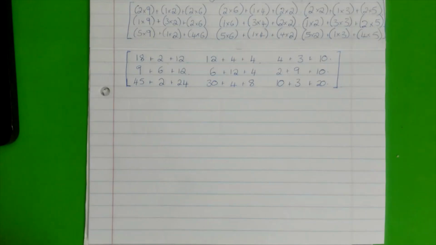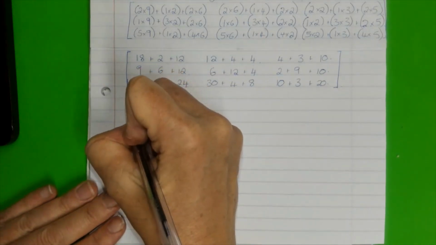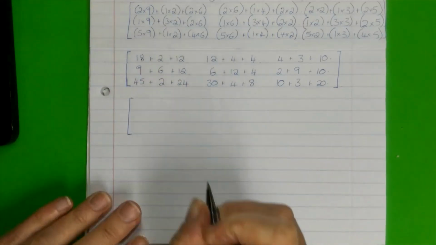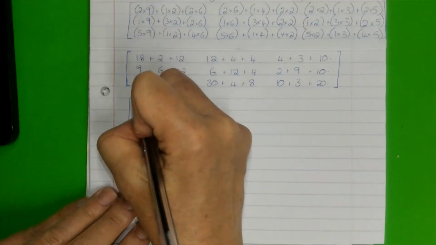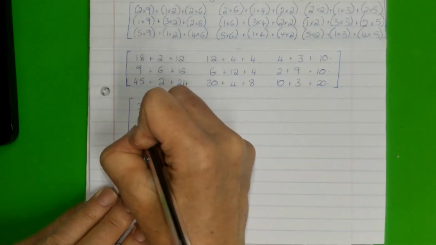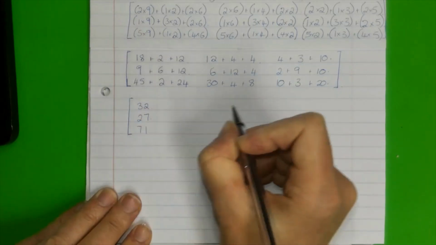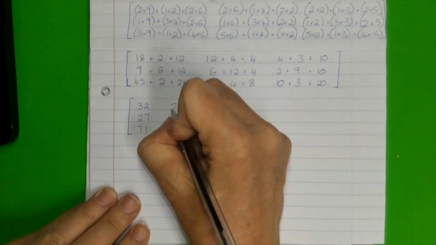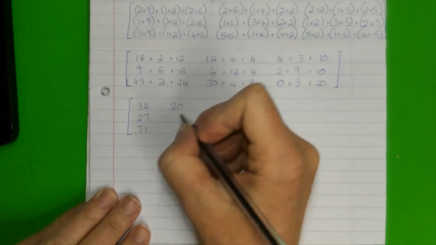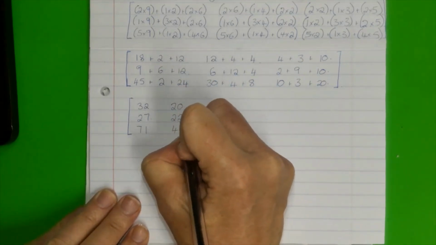Alright, and if we add all of these up now, we end up with 2, 7, 2.